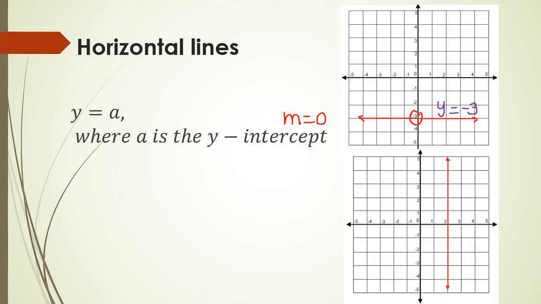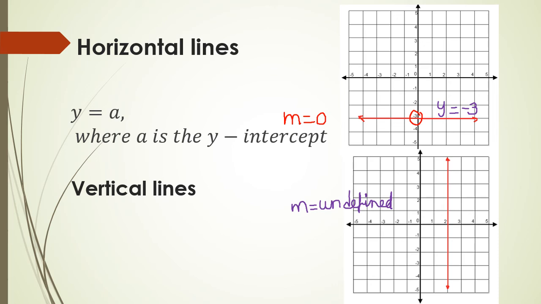Now we also have a special case with vertical lines. In vertical lines, as you can see, we know from previous lessons that the slope for vertical lines is undefined. So we do not have a specific value for the slope. At the same time, we don't have a y-intercept.